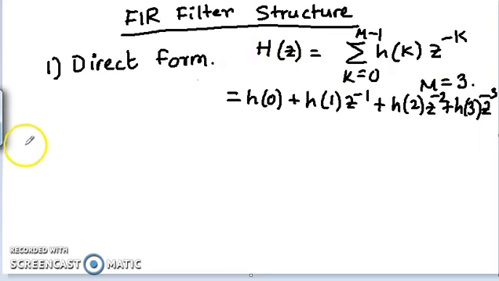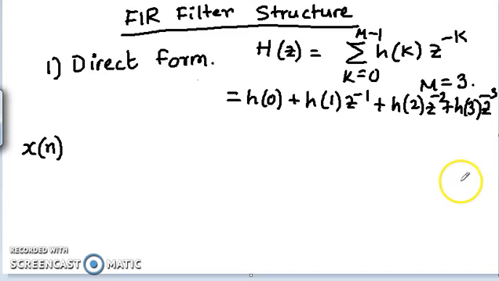So, I am writing here x(n), and how many outputs will we get? It is nothing but linear filtering, that means it is basically convolution. Here, it is multiplied in the form of z, basically it will be convolved.